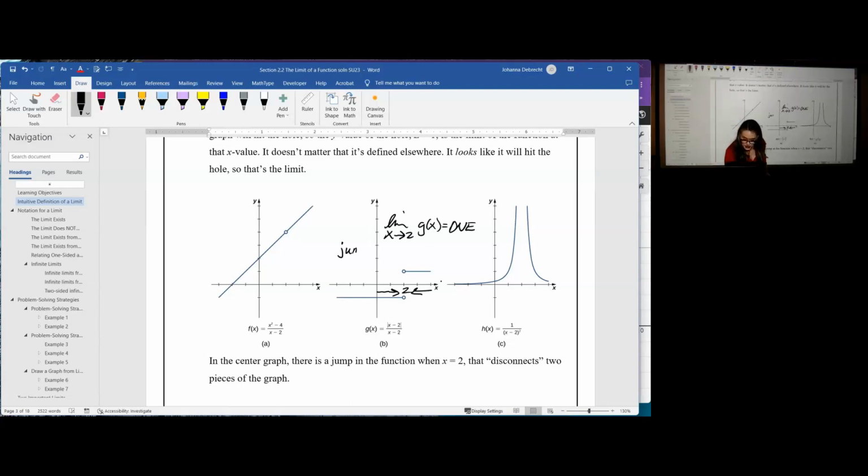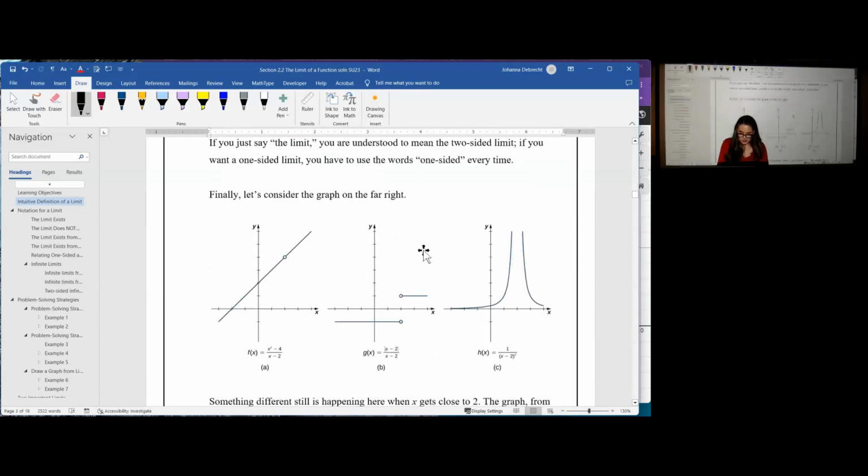In other words, I can't connect the two pieces of the graph. Even allowing that I could redefine one point, there's no way with one point I could connect the two pieces of the graph. This is not a removable discontinuity. There's nothing I can do to get those two sides together. The limit does not exist.